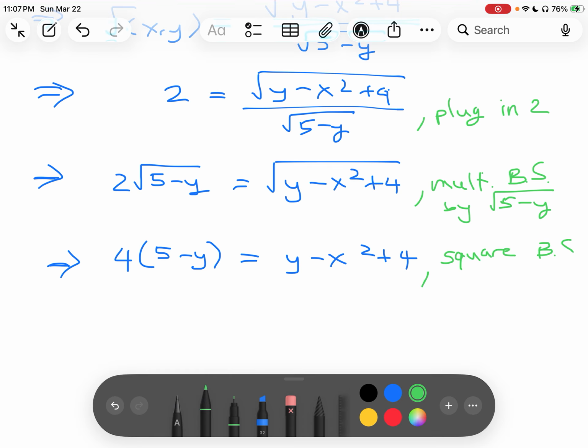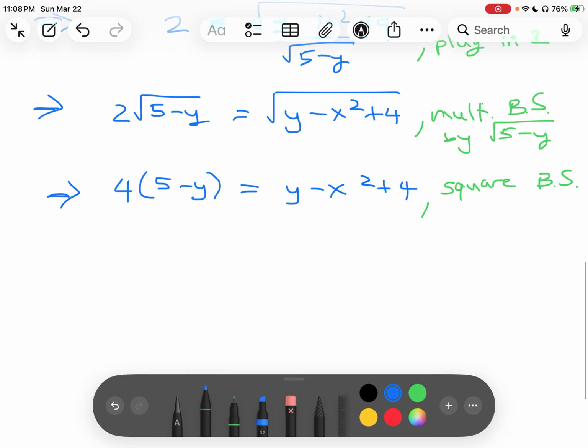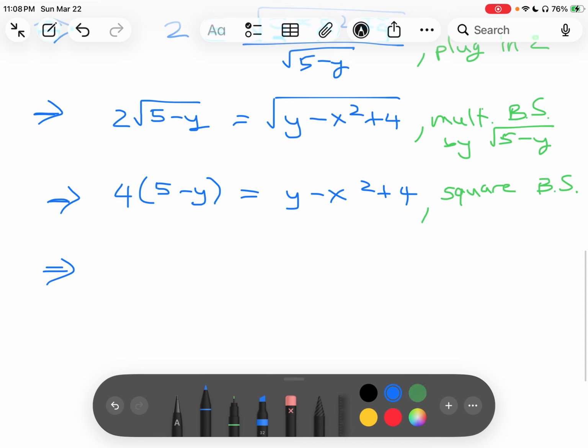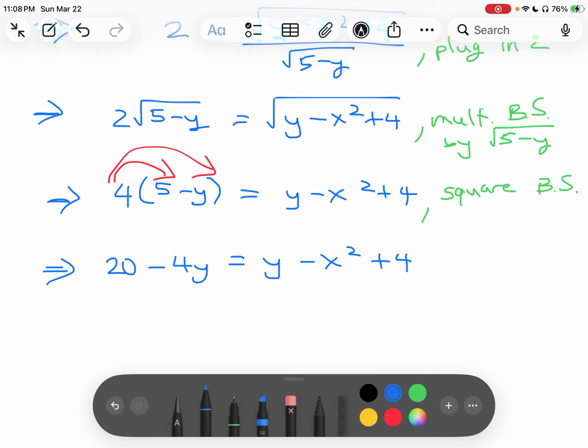Then I'm going to expand and simplify. I'm going to expand this 4 into the brackets. So we have 4 times 5 is 20, and then 4y. So we have 20 minus 4y equals y minus x squared plus 4.